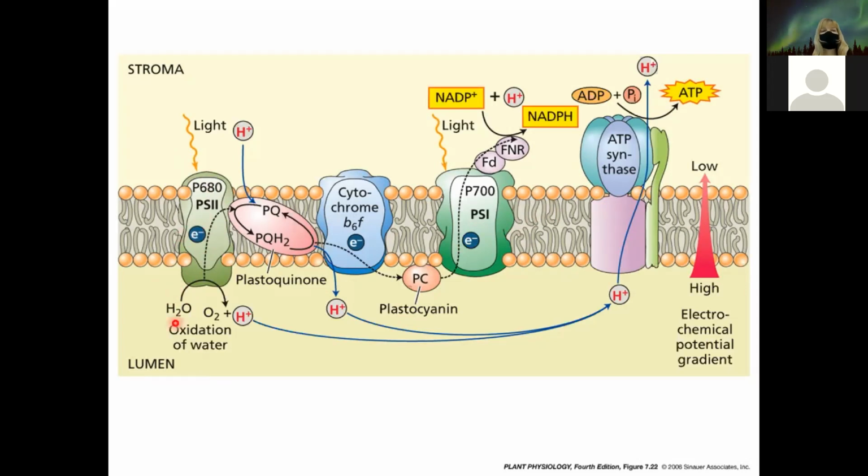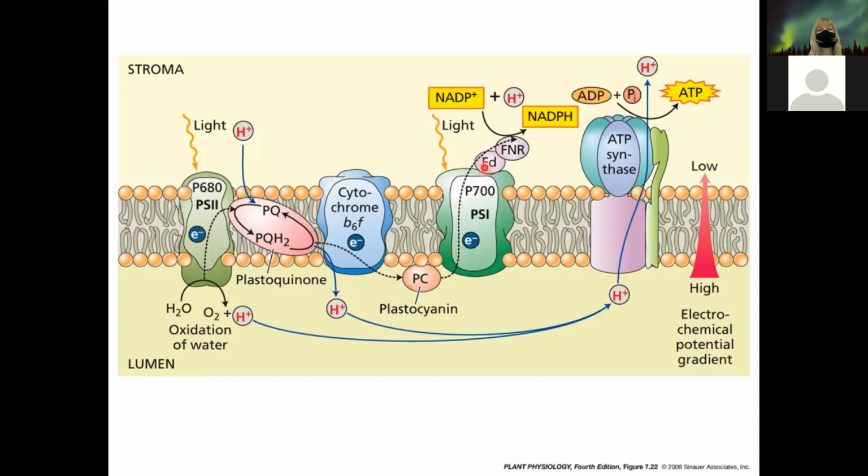Electrons get stripped off of water, and the black lines here show the progression of the electrons as they move down the electron transport chain. There are different players in the game here, but the electrons will eventually reach photosystem 1, which is also getting hit with light.